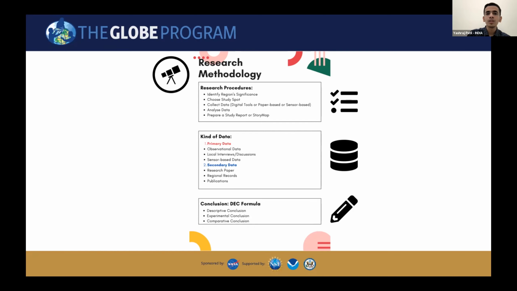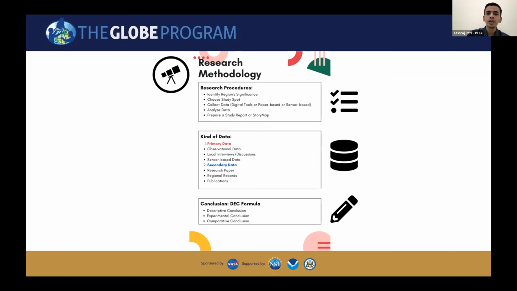All those things, and also the sensor-based. If you are carrying any kind of sensor, a temperature sensor, or different soil sensors or water sensors, that must also be collected in your research or in your observation for accuracy purposes.